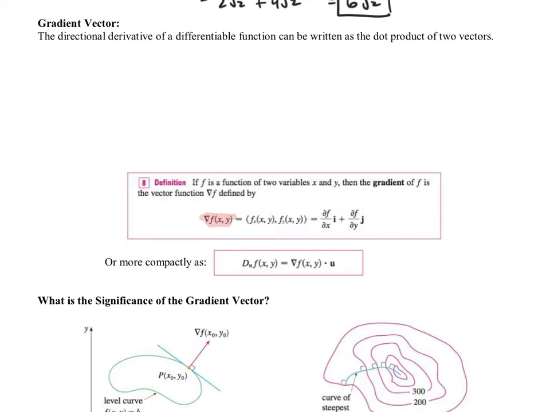So the vector itself here is actually your symbol here in front of f. So the vector for the gradient is actually a vector made up of partial derivatives. So your components are simply partial derivatives of whatever function you're analyzing.